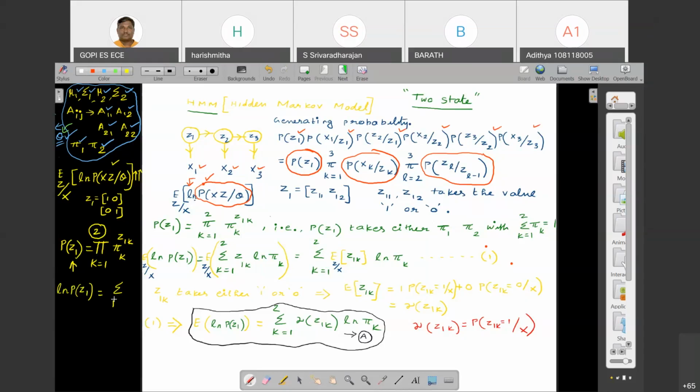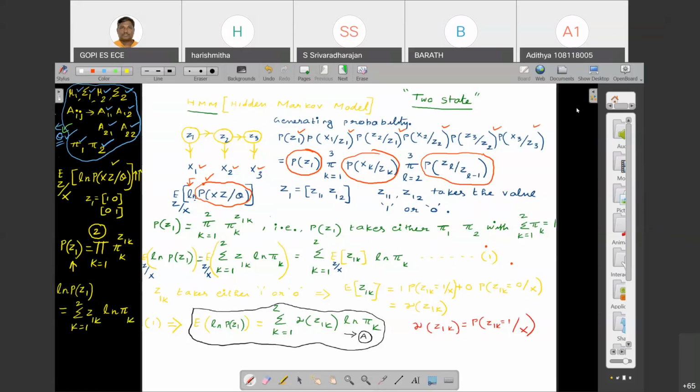Summation k equal to 1 to 2 of z1k, right? Let me write at the bottom, that will be better. That is equal to summation k equal to 1 to 2 of z1k ln pi k. That is what we will get, right?